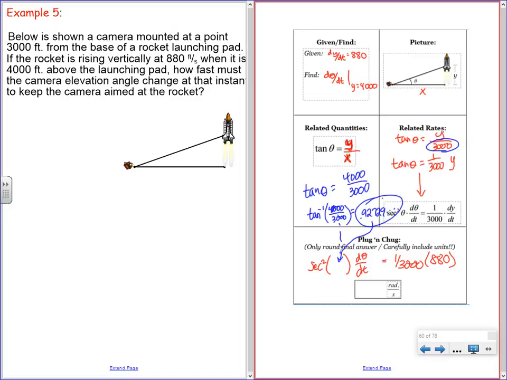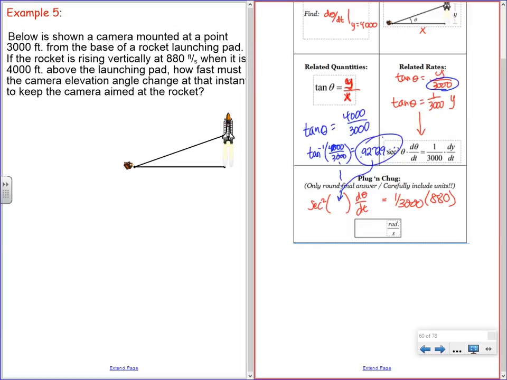Some of you are having the debate. I heard you talking it out. How do you do secant squared? Well, ew, gross. Who is secant squared? 1 over cosine. 1 over cosine of your 0.92729 dot, dot, dot. Remember, squared is you do the entire cosine and you square it. That's d theta dt equals 880 over 3,000. How do I solve for d theta dt? Multiply both sides. Multiply. Good.